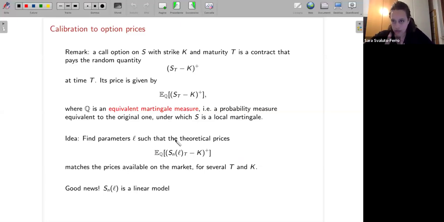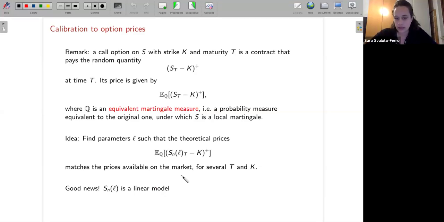the prices available on the market. Now there are two ways. Either you approximate this with a linear map of the signature, but it's dangerous, and I suggest you not try it. Or you say, well, our model is a linear model, which means that updating the parameter does not mean a new simulation of the whole process.